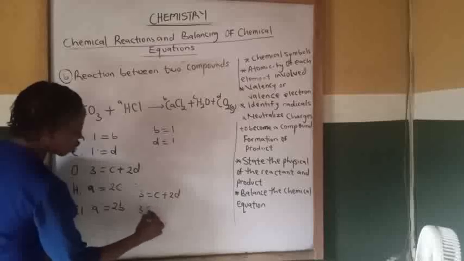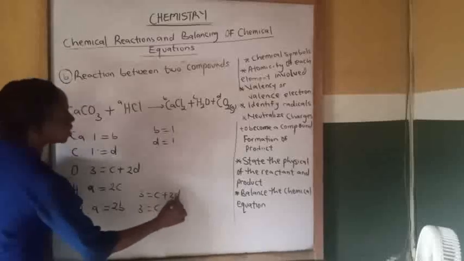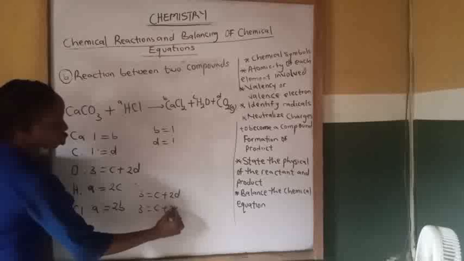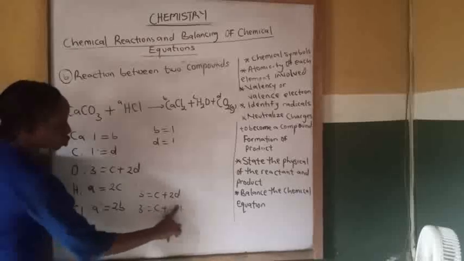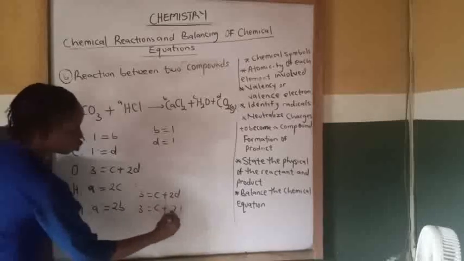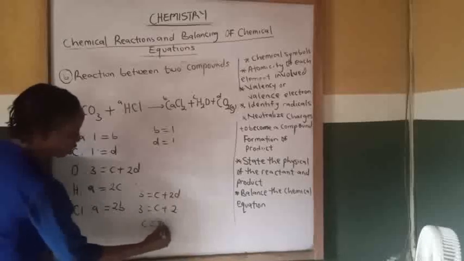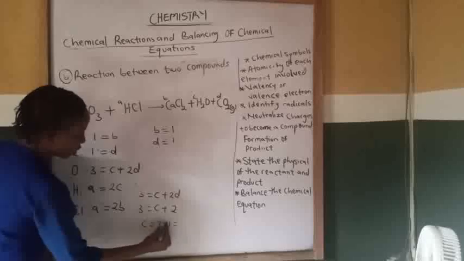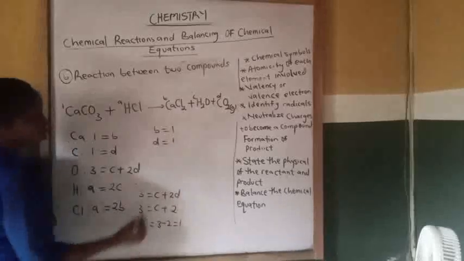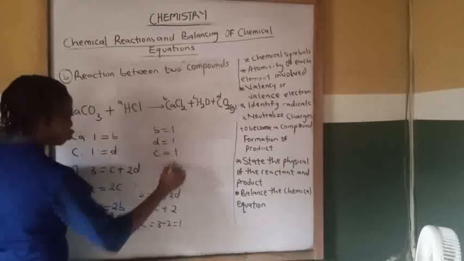So 3 equals C plus, my D is 1, so 2 times 1 will give me 2. Collect the like terms. My C will now be 3 minus 2, which is equal to 1. So my C equals 1.